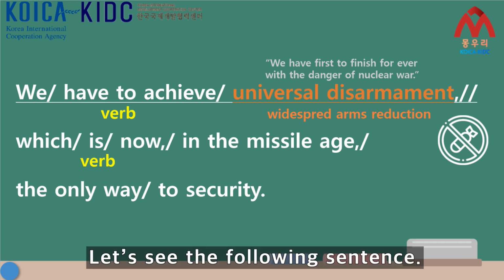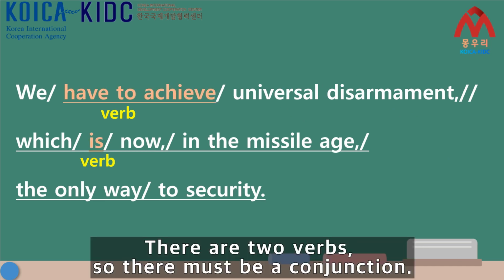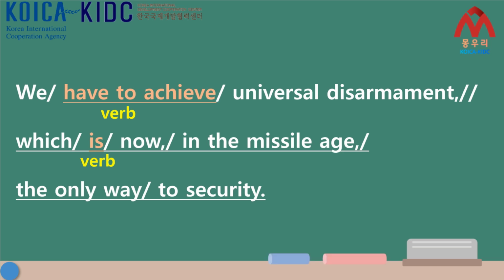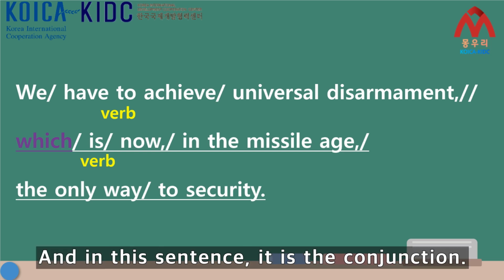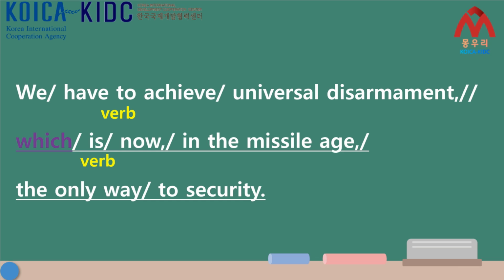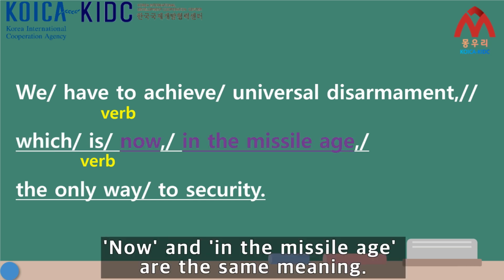Let's see the following sentence. There are 2 verbs, so there must be a conjunction, which is a relative pronoun, and in this sentence, it is the conjunction. Now and in the Missile Age are the same meaning.